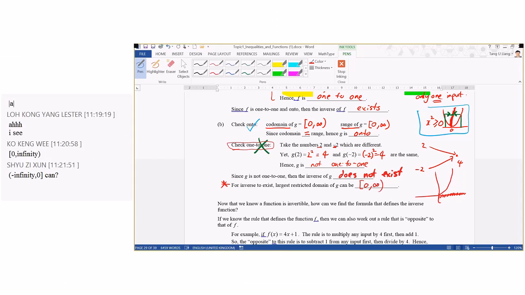So either way, if you slice the x squared graph, the U-shaped graph, into 2, then you get 2 ways to get an inverse function.